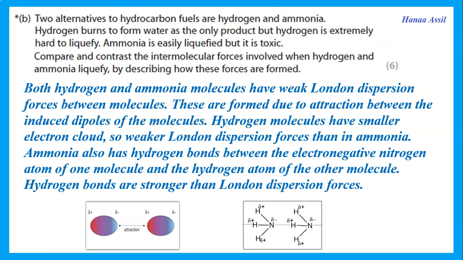Ammonia, in addition to the stronger London dispersion forces compared to hydrogen, also has hydrogen bonds between the molecules, because the electronegative nitrogen atom of one molecule is attracted to the hydrogen atom of the other molecule, and hydrogen bonds are stronger, so the molecules will come together faster or easier.